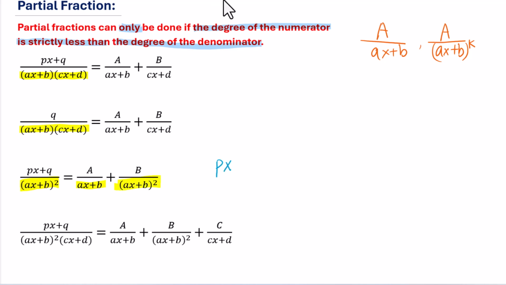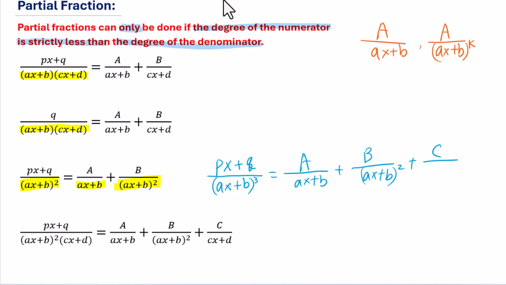If we have px plus q over ax plus b to the third power, we will have a over ax plus b plus b over ax plus b squared plus c over ax plus b to the third power.